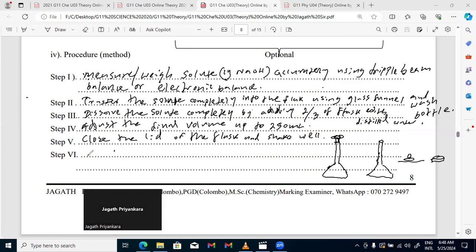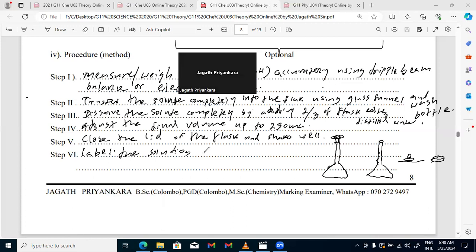Okay. Last one, you can write: label the solution prepared. What should be included on the label? Label the solution prepared, indicating what? That means you have to put a label on the flask.